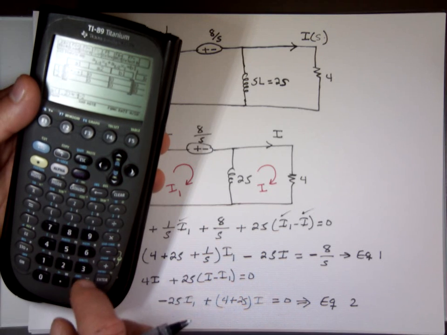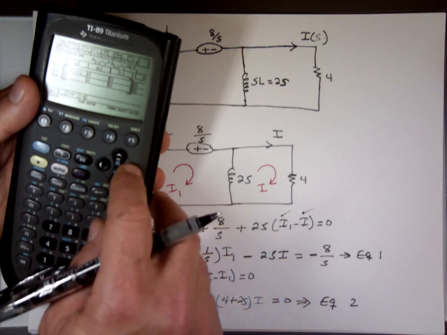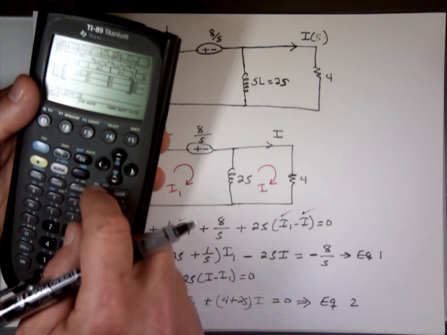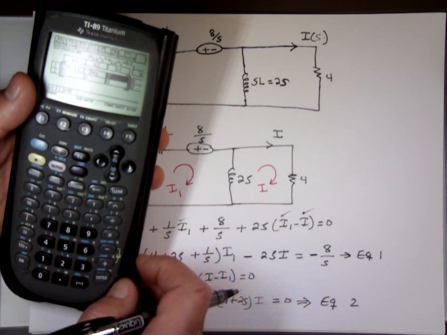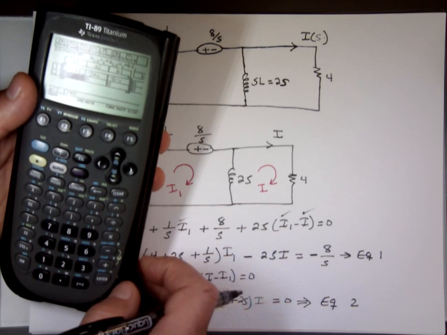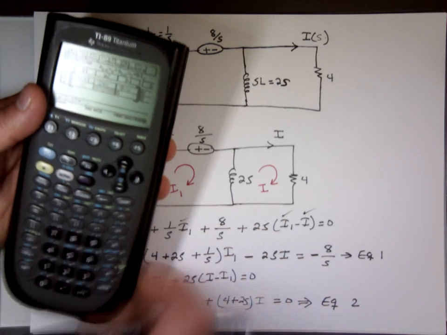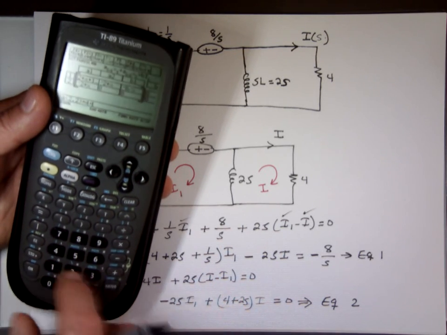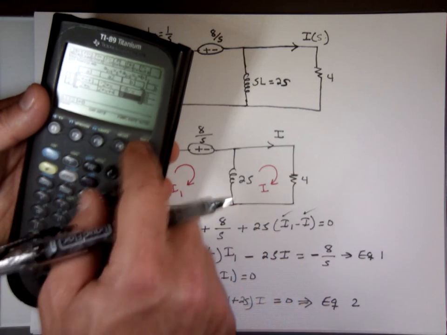Minus 2, 2x, negative 8 divided by x. The next one, minus 2x, 4 plus 2x, and 0. And F5 to solve it.